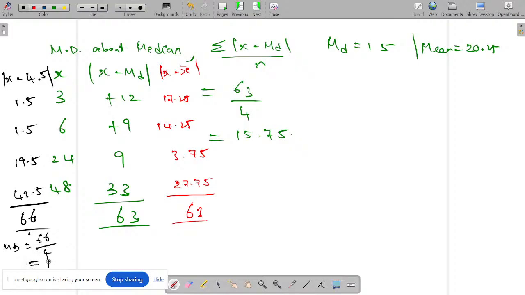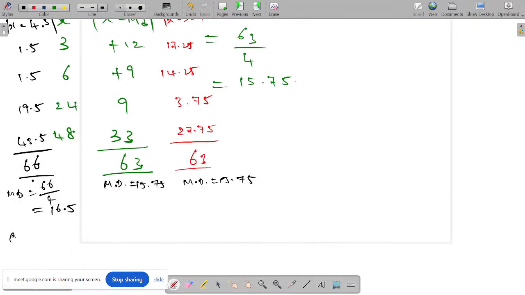Value? Here the value is 15.75, here also 15.75. Let me know the coefficient of mean deviation also. Here 16.5 divided by 4.5.